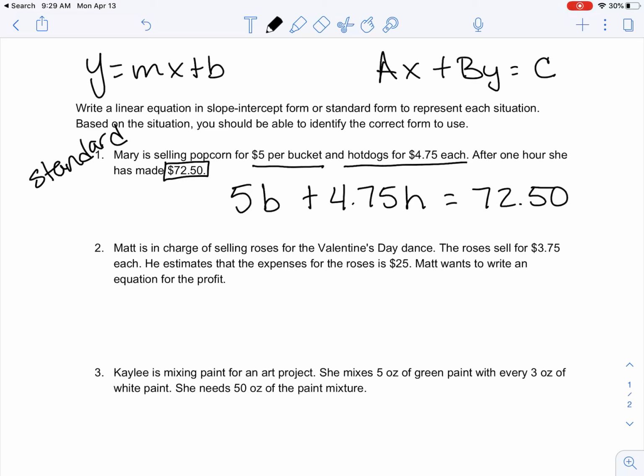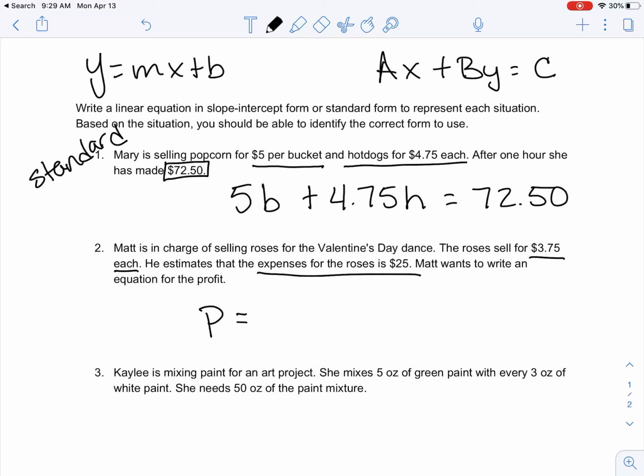All right, our next one, Matt is in charge of selling roses for the Valentine's Day dance. The roses sell for $3.75 each, and he says his expenses for the roses will be $25. Matt wants to write an equation for the profit. So in this case, we know one of our variables for sure, and that would be profit, P, and he wants to solve for that.